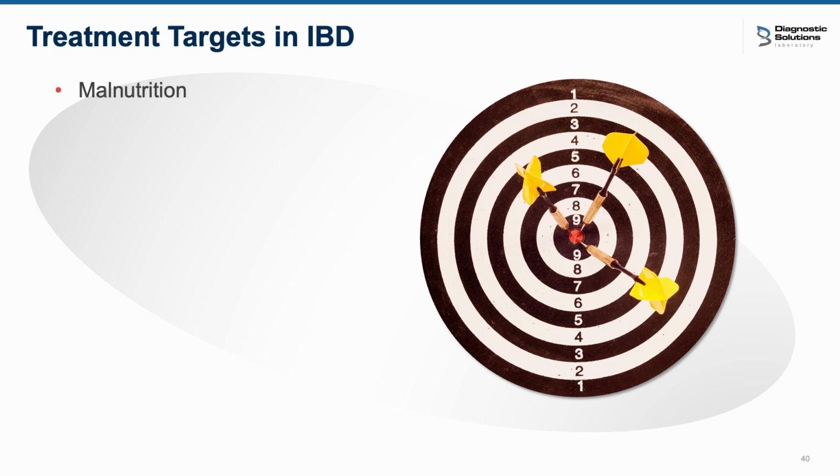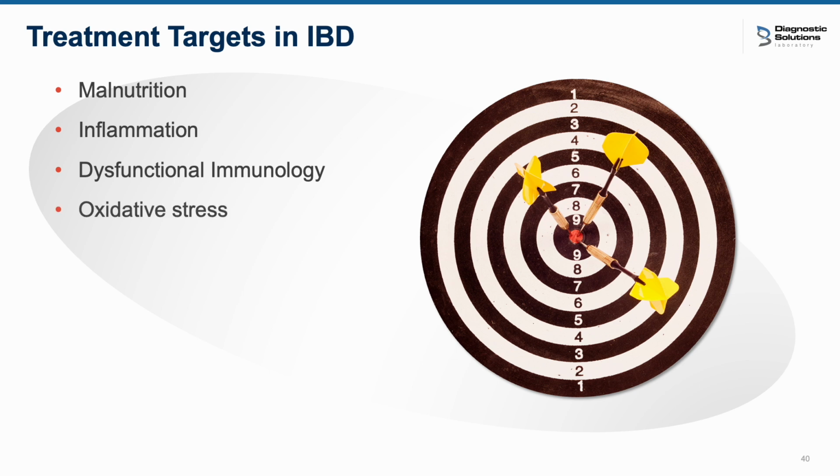So we want to assess for malnutrition. This is extremely common and we cannot overlook the importance of nutrition. Inflammation. We want to look at dysfunctional immunology. So not just the inflammatory cascade, but what specific immunology is underlying that. We want to look and cut oxidative stress.